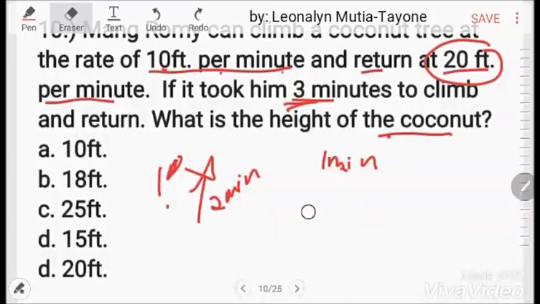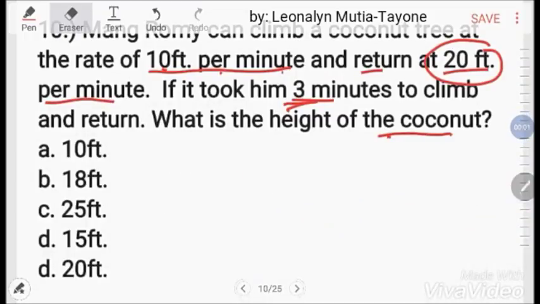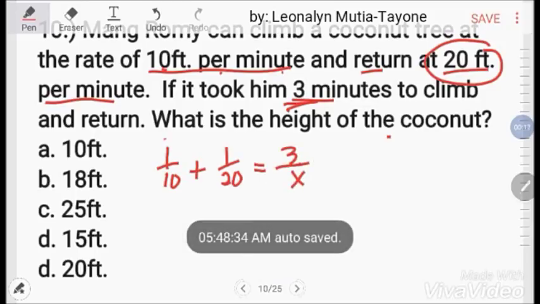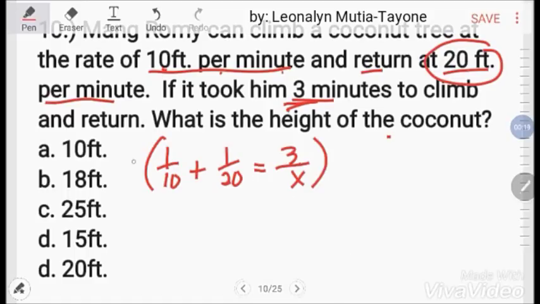Baliktarin mo lang. Do tayo sa let x para mas klaro. Let x be the height of the coconut tree. Yung speed ng una, pataas at pababa, equals to 3 minutes at yung height. I-multiply natin ng 20 para ma-whole number sila lahat.